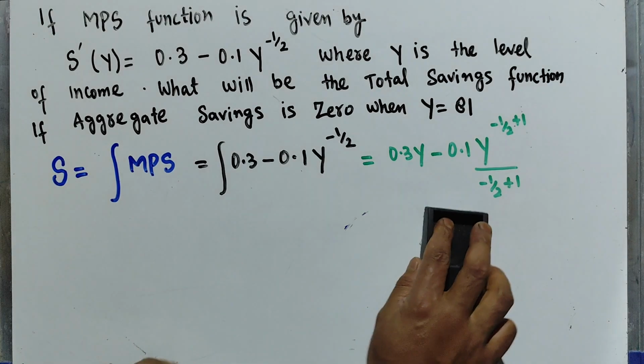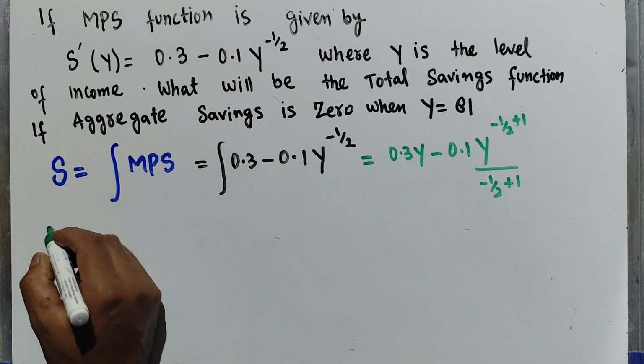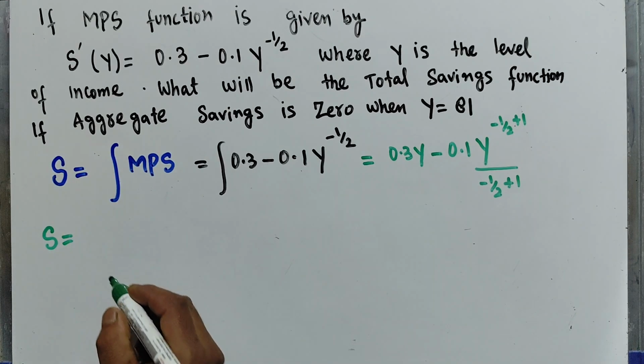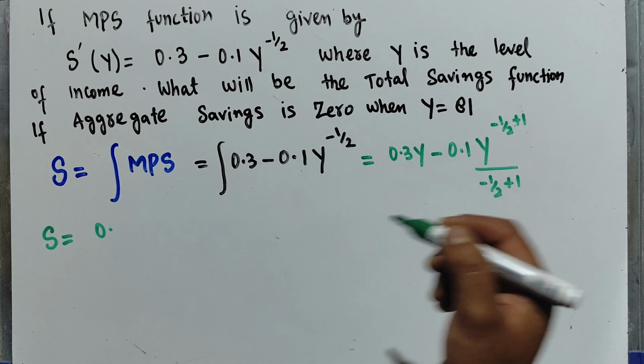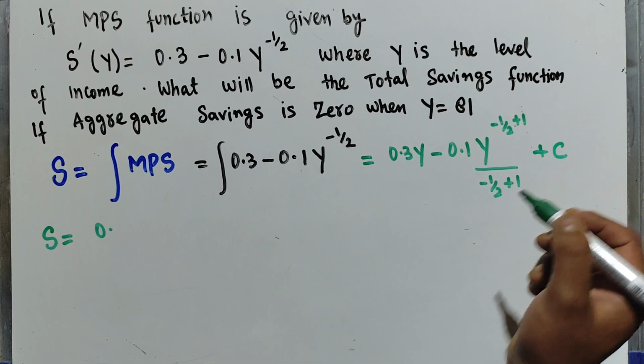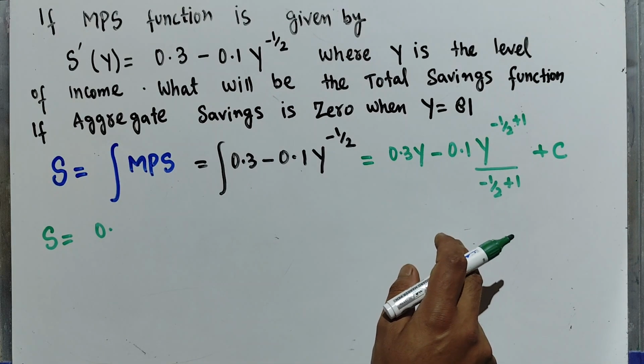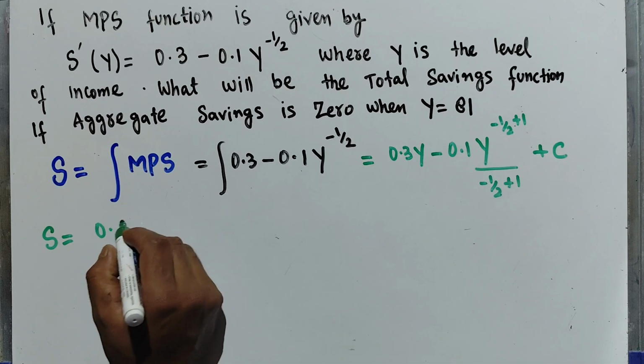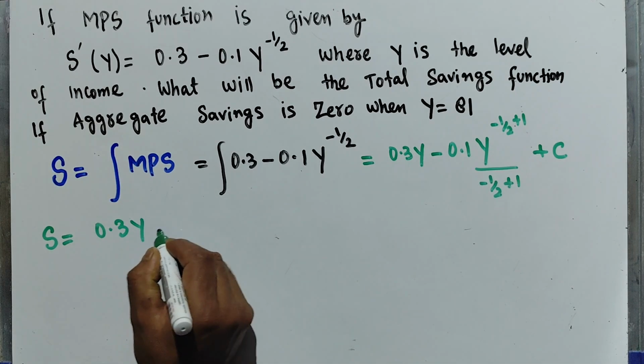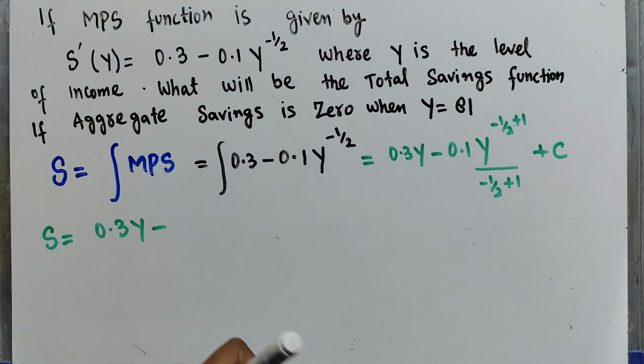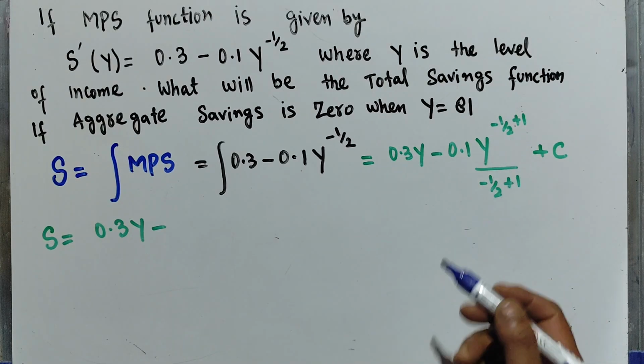Solving further, total savings S will be equal to, and obviously we have to add the constant of integration when dealing with indefinite integrals, 0.3y minus, and let us first solve this. What will be our exponent?